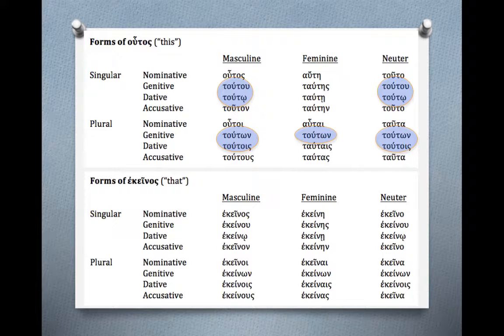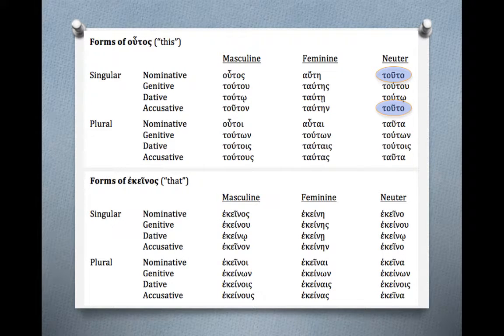But the rest share the same form. And the same is true down in ekeinos. You've got ekeinou and ekeino in the genitive and dative respectively for both the masculine and the neuter forms. And down in the plural, the same is true. These are the forms that overlap. And so this is something, when we think about all of the forms, that can help us with just remembering the case endings.